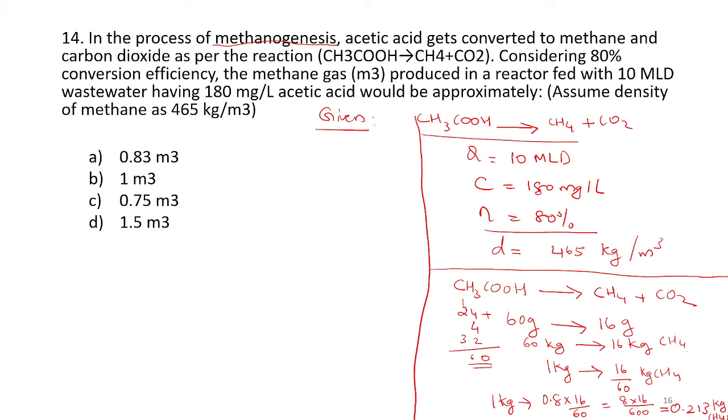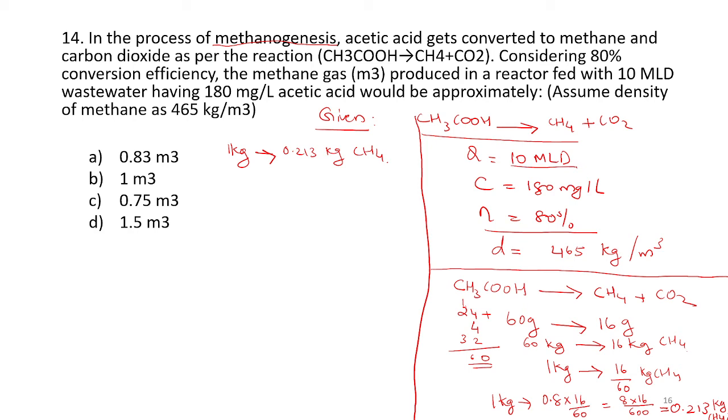So this much information we know: 1 kg of acetic acid will be converted to 0.213 kg methane. Then we have the information that the flow rate is 10 million liters per day and the concentration is 180 milligram per liter.